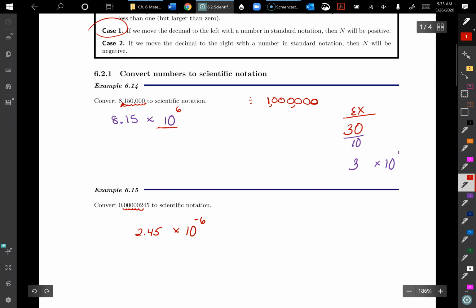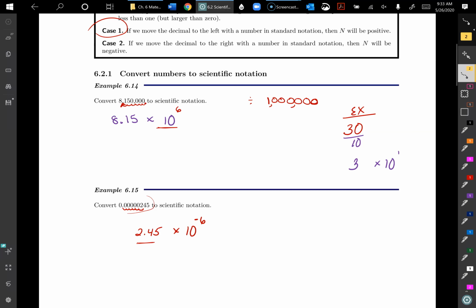But I actually need to write this as a division, as a tiny number, so that it compensates here. So if I'm multiplying by 10 to the 6th to get it to look like 2.45, in order to keep the same value, I need to multiply by 10 to the negative 6.